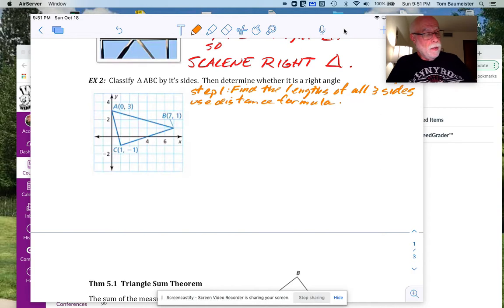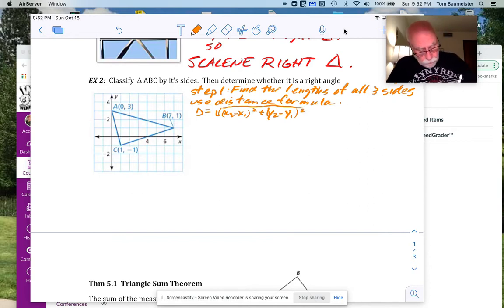And again, remember the distance formula is d is equal to the square root of x2 minus x1 quantity squared plus y2 minus y1 quantity squared.